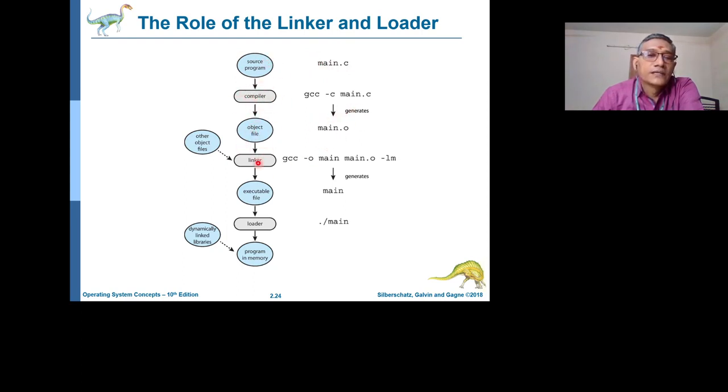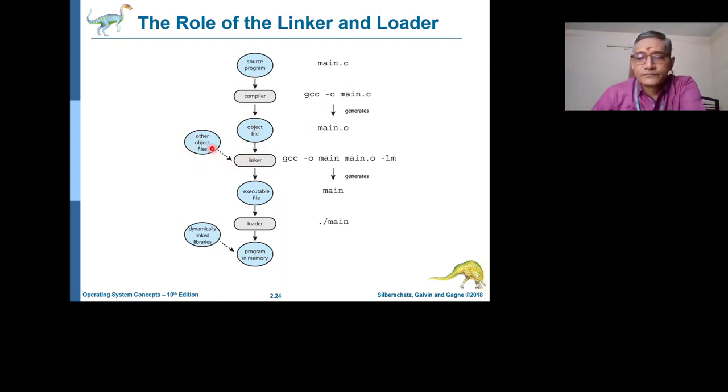This is the use of the compiler. The compiler is a translator which translates the high level language into an object file, low level language. Now the object file is linked using the linker with other object files.